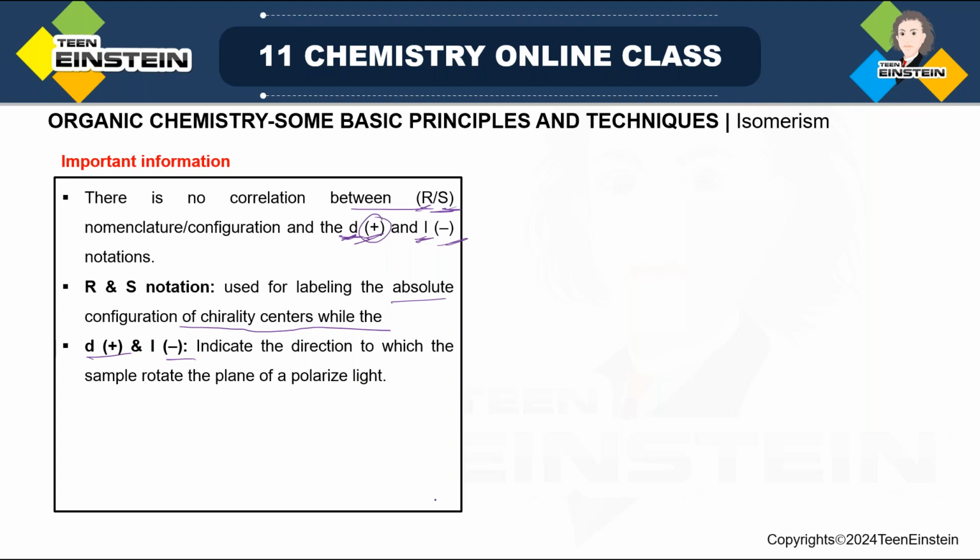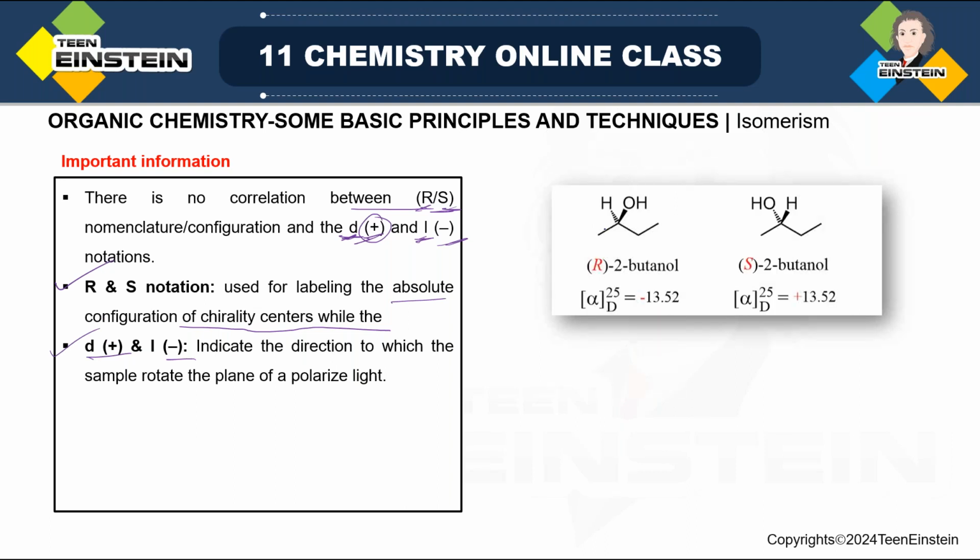But if an RS notation is given, from that notation you can draw the molecule, whether the groups in the chiral center are on the plane of the paper, away from us or towards us. But you cannot understand from RS notation the direction of plane polarized light. So RS notation and d plus, l minus have completely different purposes.